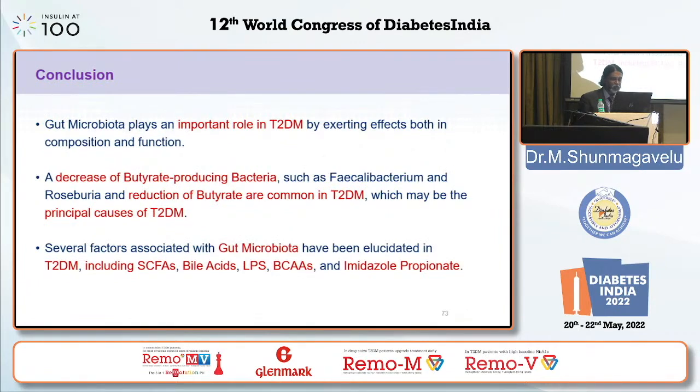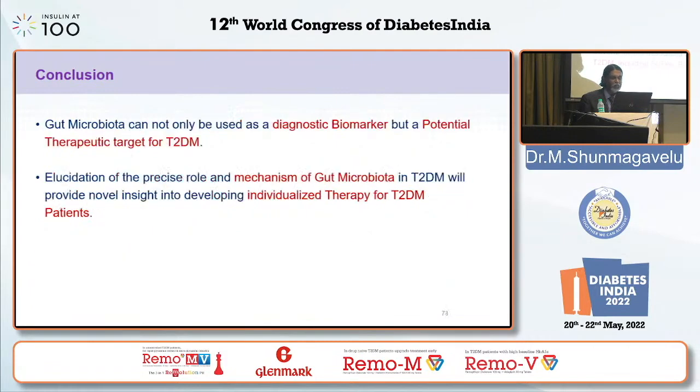So, conclusion: the gut microbiota plays an important role in type 2 diabetes by exerting effects both in composition and function, and a decrease of butyrate producing bacteria and reduction of butyrate are common in patients with type 2. Several factors associated with the gut microbiota have been elucidated in patients with type 2 diabetes with reference to short-chain fatty acids, bile acid metabolism, lipopolysaccharide, branched-chain amino acids, and imidazole propionate.